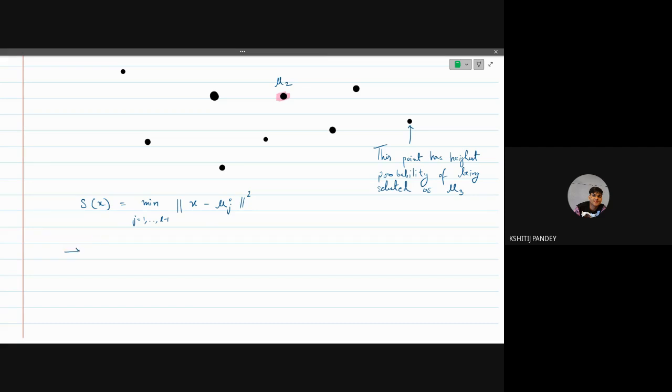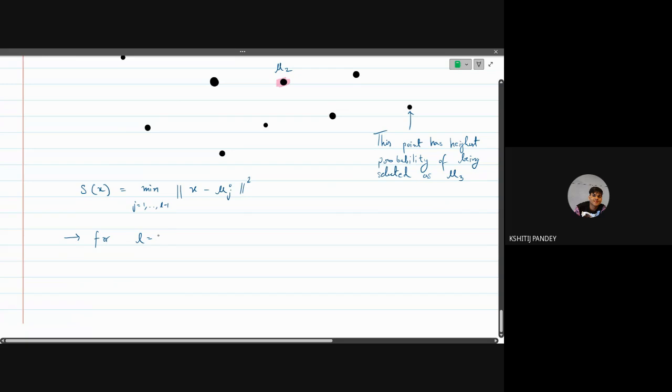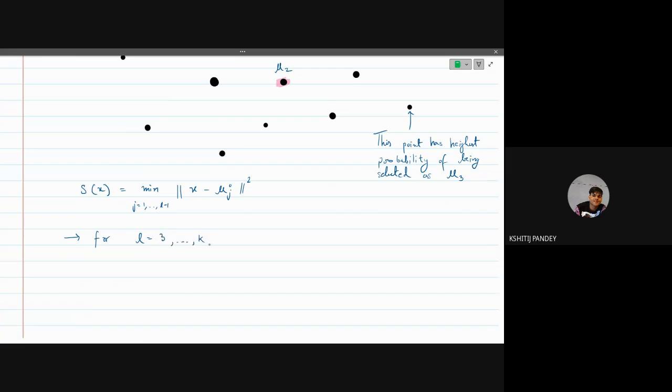For L from, well, let's say we have taken mu1 and mu2, so for L equal to 3 to K, the choice of the Lth mean is probabilistically proportional to the score.